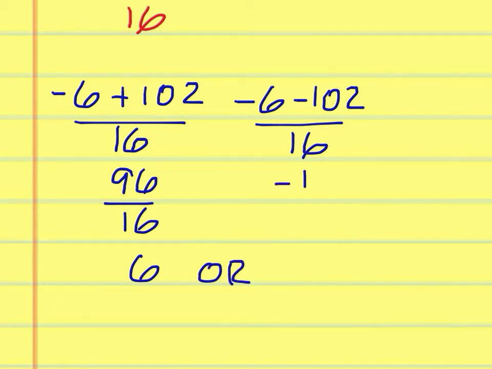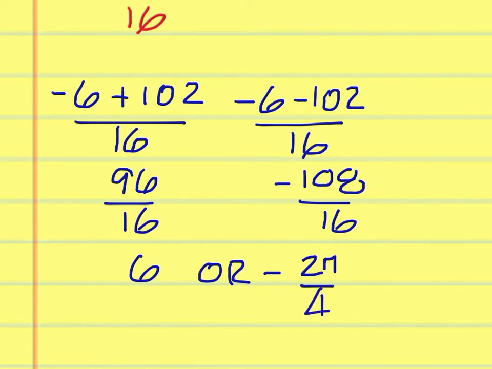Or it could be a negative 108 over 16. If you reduce 108 over 16, forget the negative sign for now, that would be 54 over 8, 27 over 4 would be where it ends up. So you need to go back to the top and use 6 or a negative 27 over 4 to figure out your solutions.